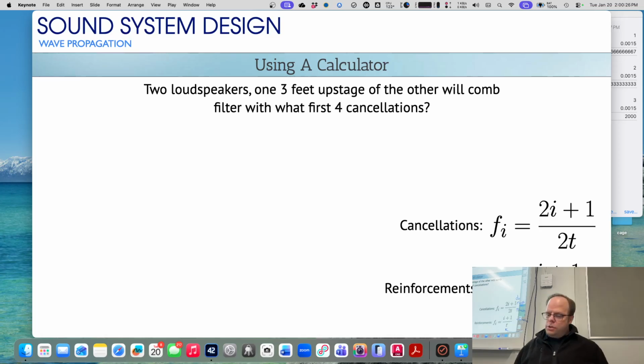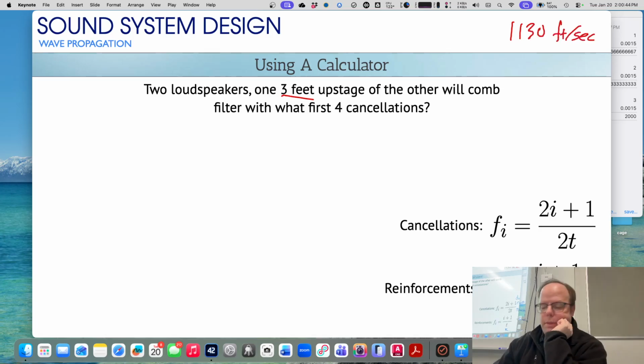Okay. So before we can figure this out, we got to turn that 3 feet into time. And sound, what is the speed of sound? 1,130 feet per second when we're doing it with calculator, right?